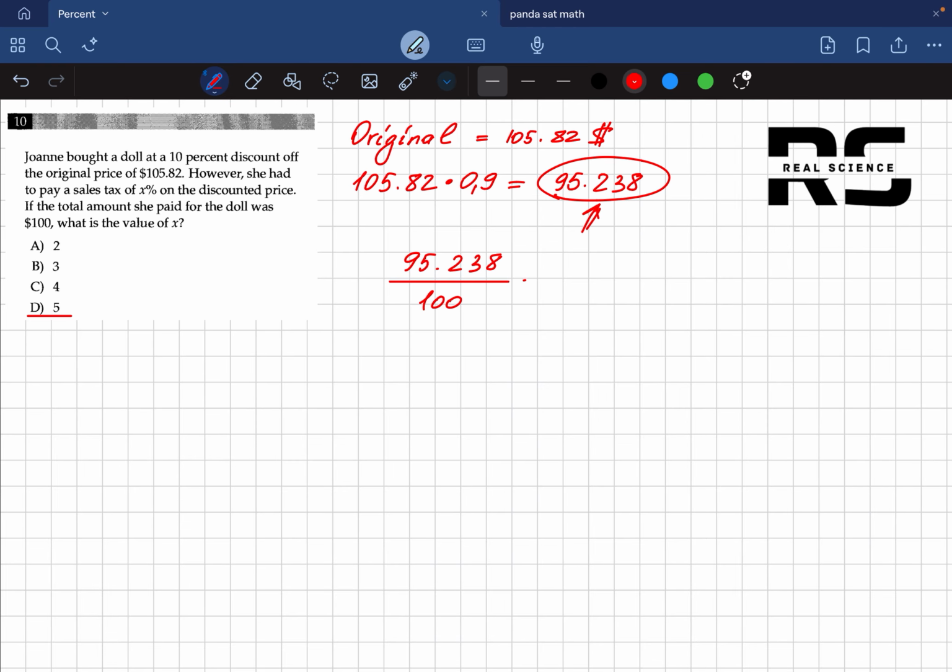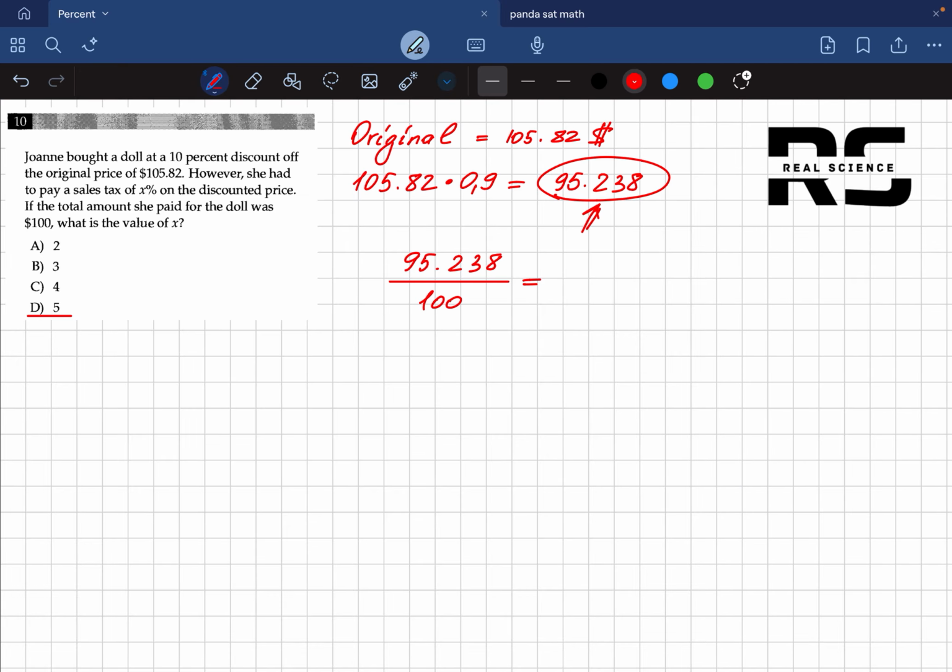Okay, so we need to make a proportion, and in this case we need to decide whether to put 100% here or here. The question is, what are we comparing to? If you remember, I told you, if we're comparing number A to number B, we always take B as 100%.